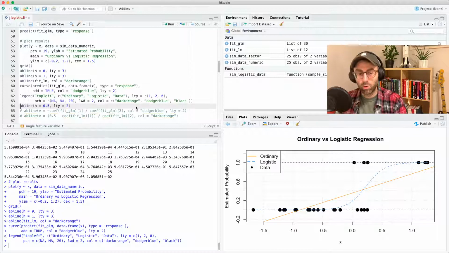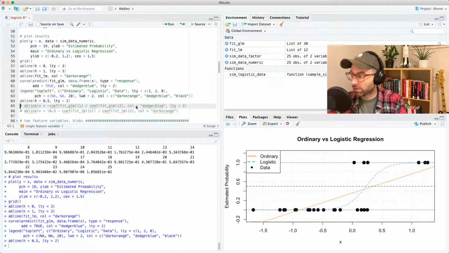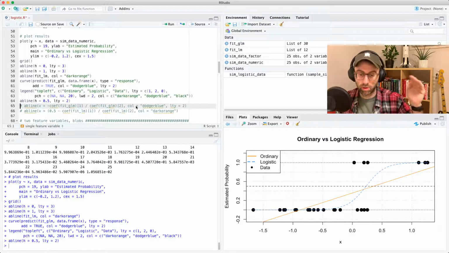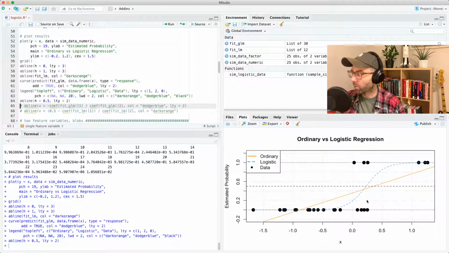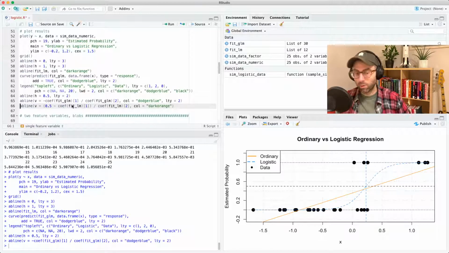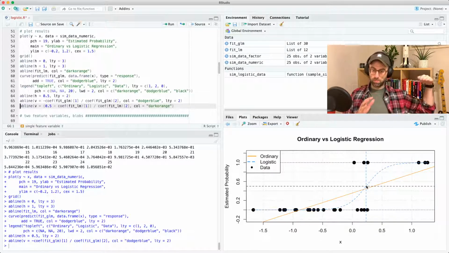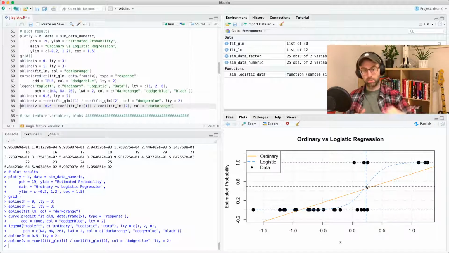Okay, so that's using these two models to get the predicted probabilities. But what if we wanted to make classifications? Well, so this line is for a probability of 0.5. So what this says is, I'm just going to add these, and I'm not necessarily going to say how I did it. So for the logistic regression, I found the x value where the 0.5 intersects with the predicted probabilities.